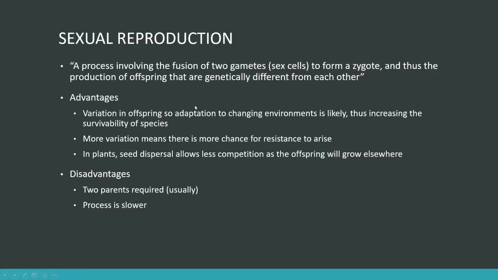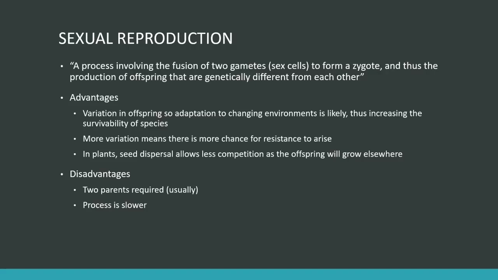So more variation again means there's more chance for some sort of resistance to arise. So let's just use the example of disease again. If an unfavorable disease hits, the more variation you have, the more chance you have to survive that.